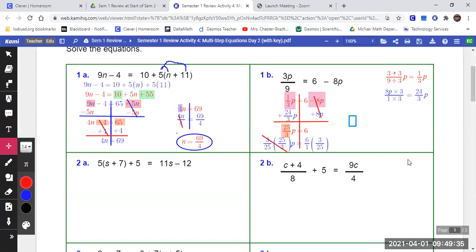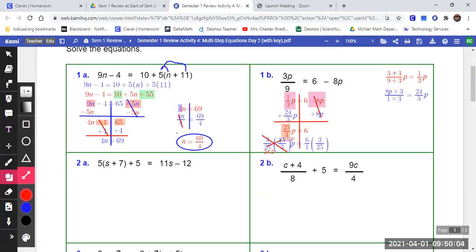What did I not cross out on that left-hand side? No, I crossed out the 3 over 25, canceled out the 25 over 3. Those fractions are gone. What's left? So if you want me to do it completely, I can do it this way, because the 3 cancels the 3 and the 25 cancels the 25. They're all gone. What's left? Just the P.